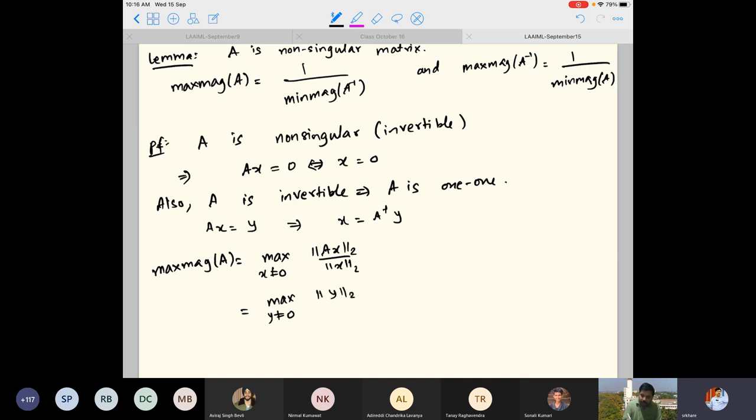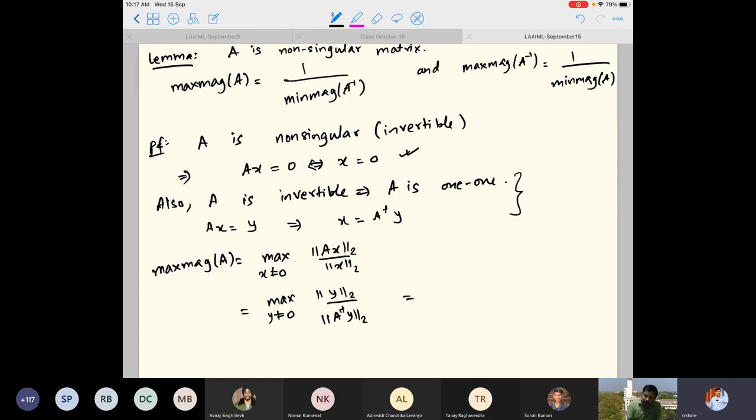I let Ax equal to y, and then x will be equal to A inverse of y. Is that right? This is what I will have according to the argument that I have here. Because x is not equal to 0, y also is not equal to 0. It is coming out because of non-singularity here. So these two things I am using to write it down in this particular format, right?